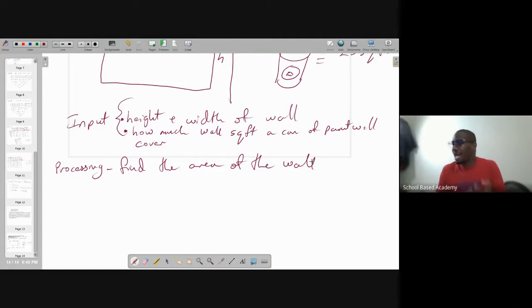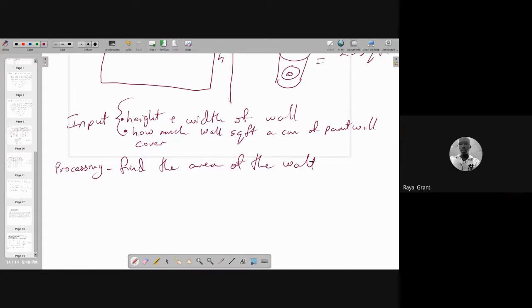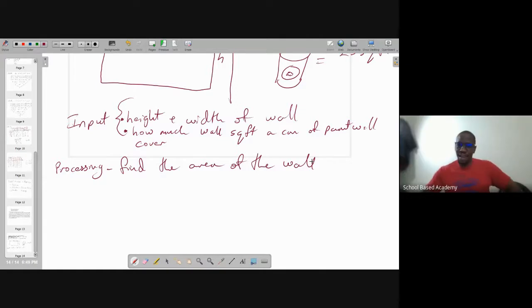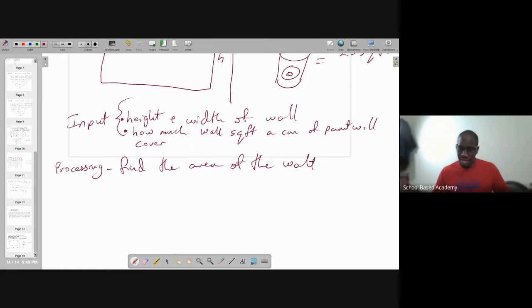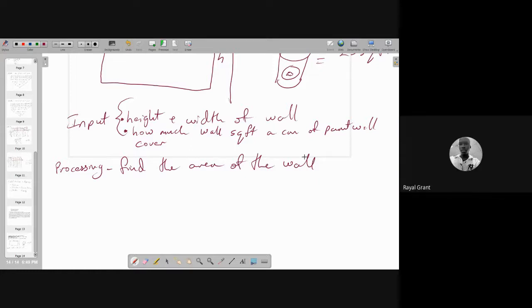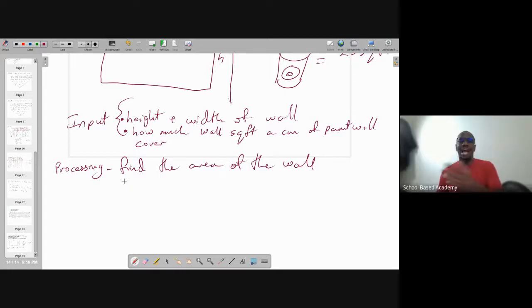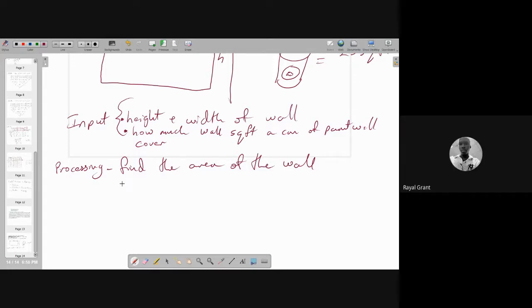And what else do we have to do? After we find the area of the wall, you're right, we have to divide. We have to divide by how many square feet of paint each bucket will cover.